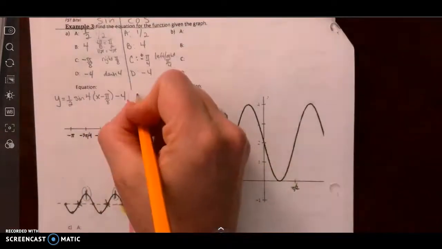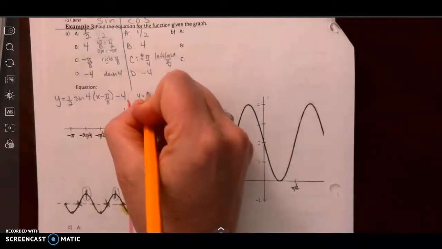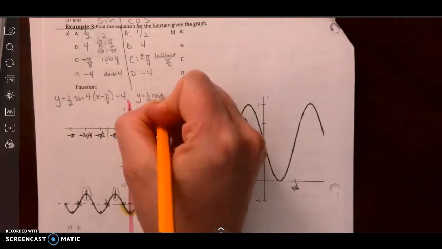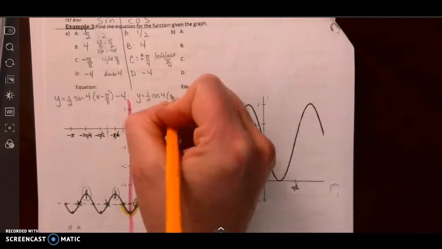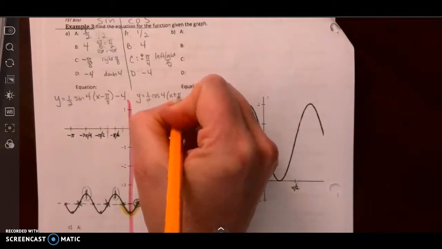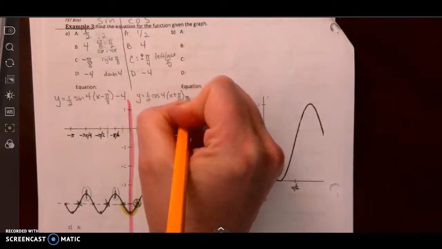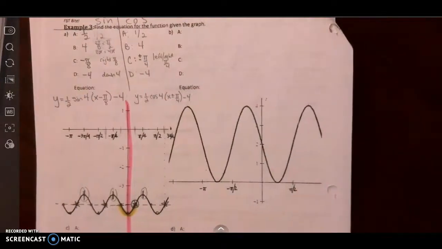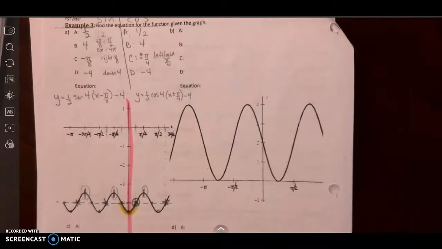And when I go to write my equation, I get y equals 1/2 times the cosine of 4 times x plus or minus pi over 4 minus 4. Those are my two equations for letter A.